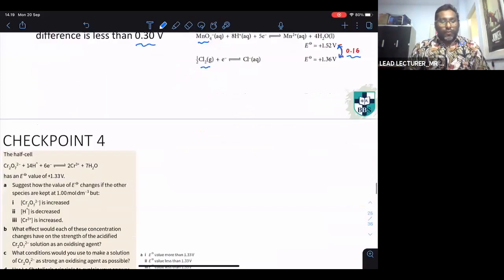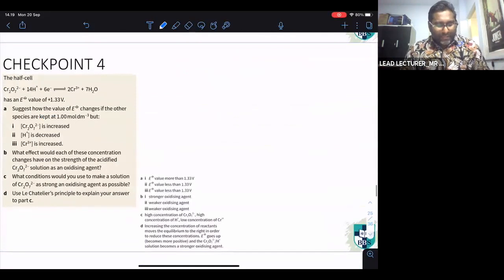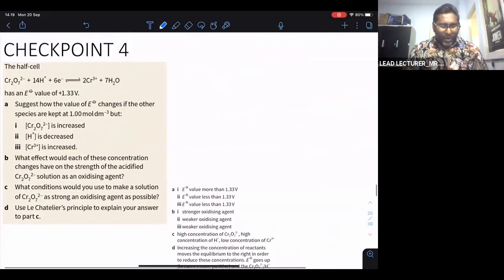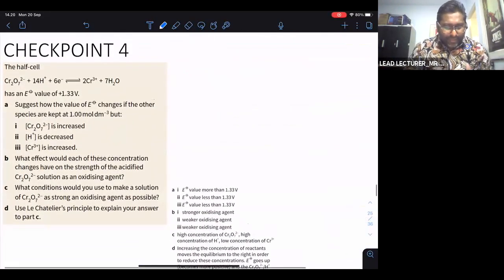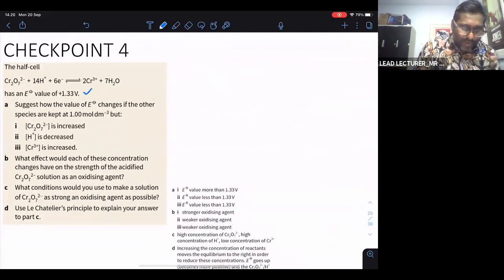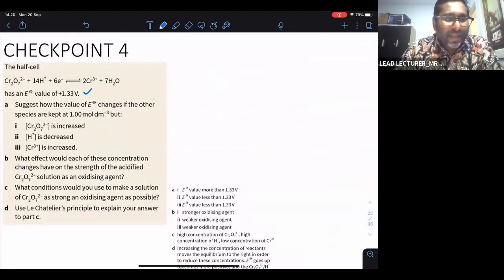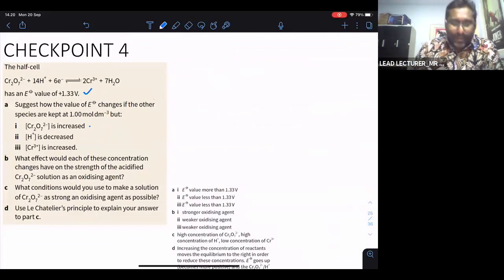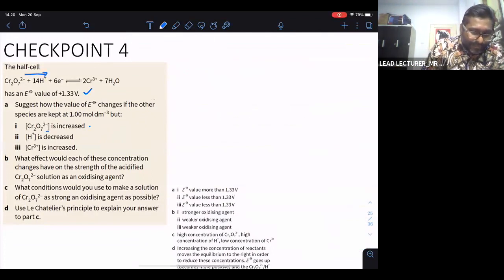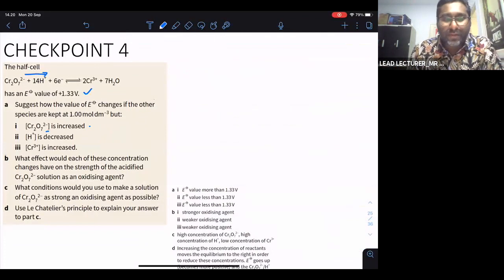So what we can do here, you can see this is checkpoint number 4. They say this half cell has E value 1.33. Suggest what will happen to the E value when this one is increased. Let's try. According to LCP, when this one is increased, I need to decrease this, so the position will move to the right.